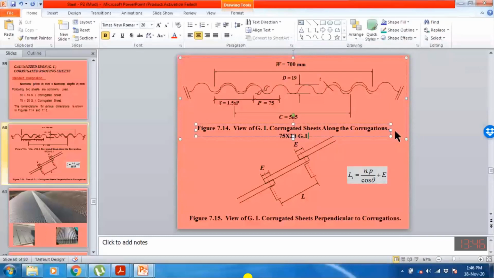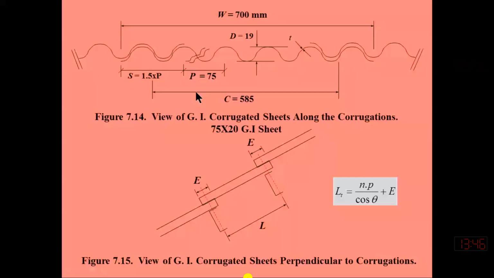So this is for this one. And the total depth from the lowest point to the highest point, the actual depth, is 19, but we represent it as a nominal depth of 20 millimeter.